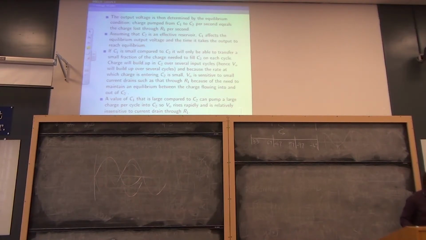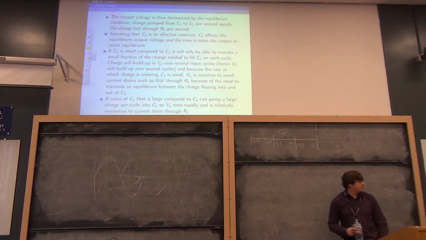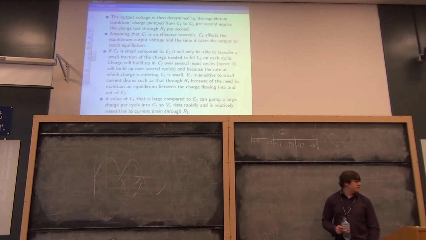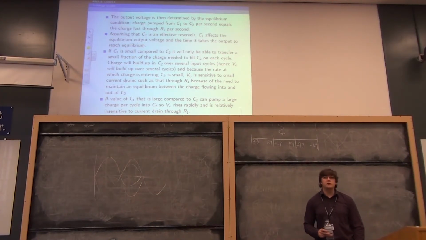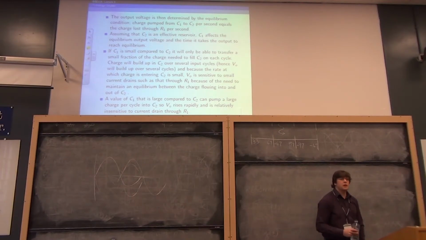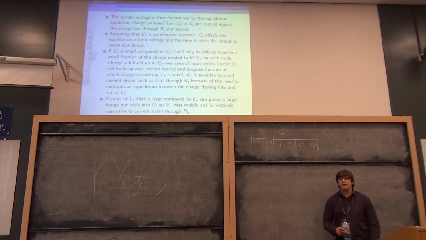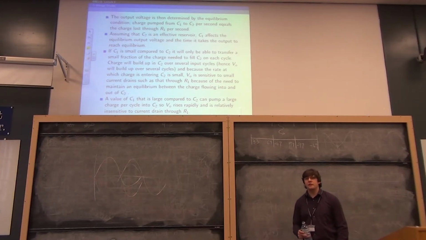Good? Nearly. If C1 is small compared to C2, it will only be able to transfer a small fraction of the charge needed to fill C2 on each cycle, and charge will build up in C2 over several input cycles. That's to say, it takes a long time. It's like filling up a large bucket with a cup. You have to do it many, many times.